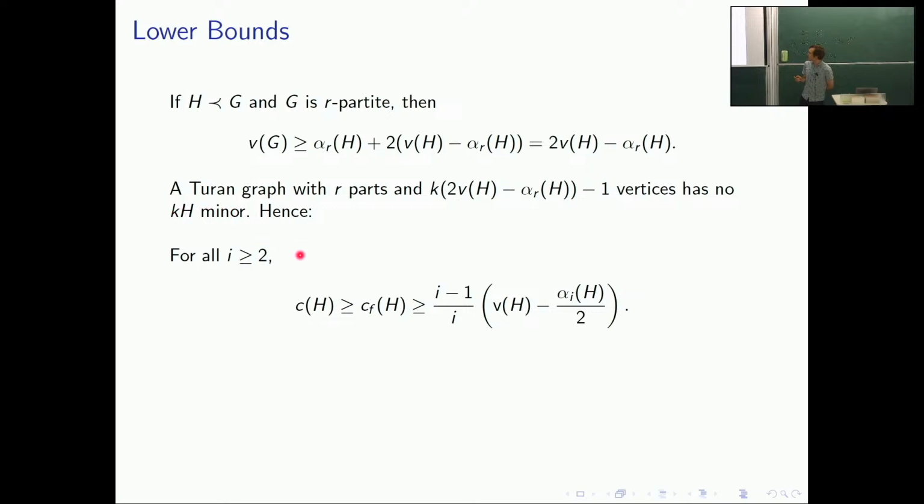So here we're using that both the number of vertices and this function alpha R of H scale linearly if we take k copies of H. But this function here is just the density of the Turán graph divided by k, if you take the limit.